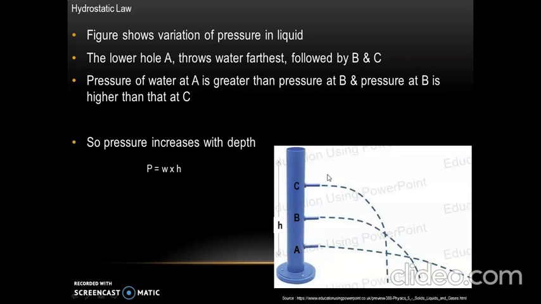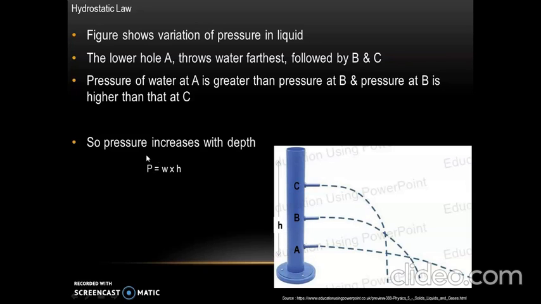This figure shows the variation of pressure in a liquid. Consider that there is a liquid in this container which has 3 holes, that is at A, B and C. Let H be the depth or height of liquid in this container, which is also referred to as pressure head. At C, we can observe that H is less and at A, H is more.